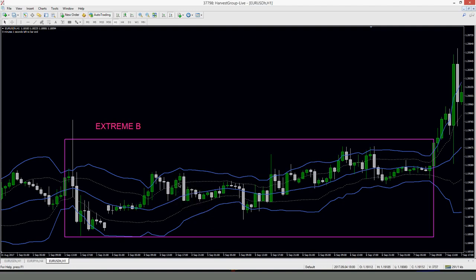It broke through division 1 and closes on the top. So its next target is obviously the top BB. However, the next candle couldn't manage to do that, and also the second candle doesn't manage to do that. So this candle here broke through division 1 and mid BB. That finishes the cycle of extreme B.